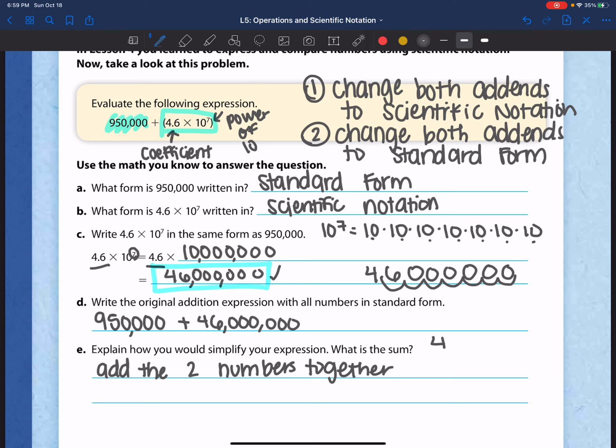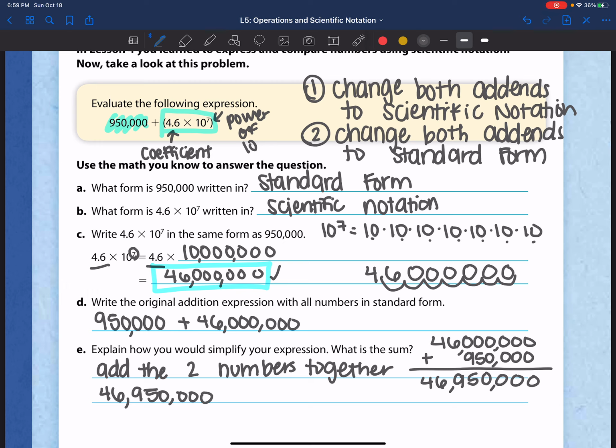Let's go ahead and I'll put the larger number on top and my smaller number on the bottom, lining up my digits, and just add. And I find that my answer, or my sum, is 46,950,000. All right. So that's it for A through E.